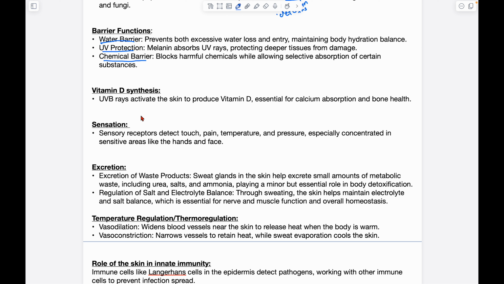So the important thing to note about vitamin D synthesis is that it starts off as a cholesterol and a vitamin D3, and it turns into and finally produces vitamin D.